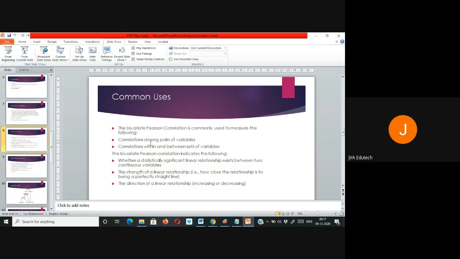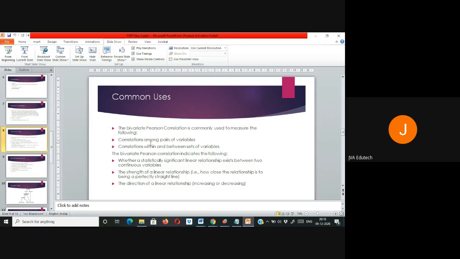This correlation indicates whether there is a statistically significant linear relationship. We are not talking of a quadratic relationship. Here, both variables should be linearly associated with each other. So it checks whether there is a significant linear relationship between two continuous variables or not.